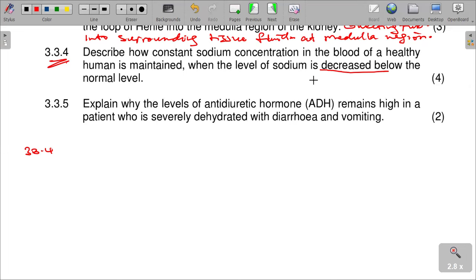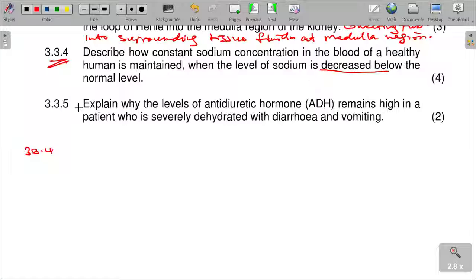So sodium ions are reabsorbed until its level in the blood returns to normal. That is what you need to understand.